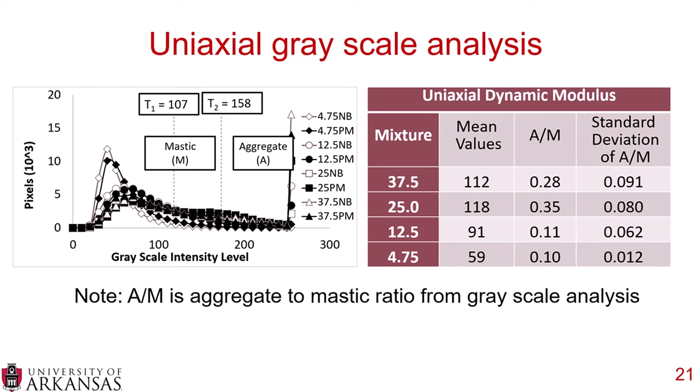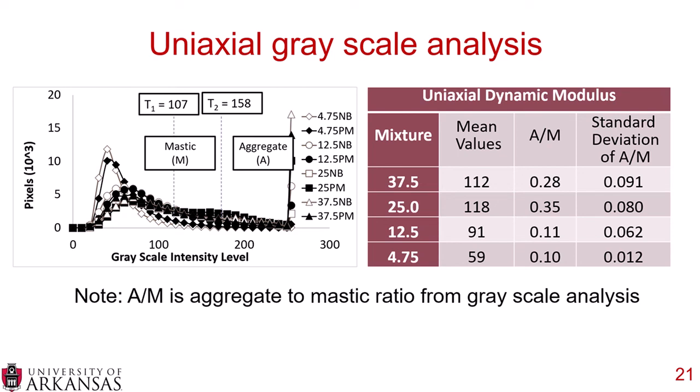Everything to the right of the 158 we considered the aggregate. And you were able to take the number of pixels under those curves for the aggregate, and we divided it by the number of pixels under the curve for the mastic, and that is the A/M ratio. So A/M is the aggregate to mastic ratio from the grayscale analysis. So that's the curve on the left.